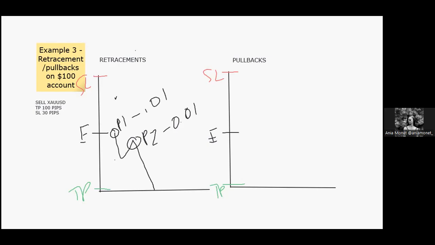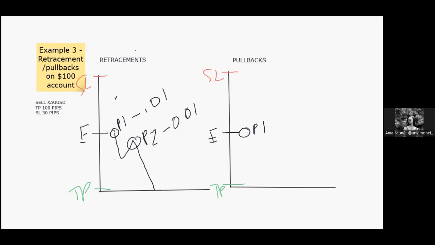If you're utilizing the low lot sizes, you're still within your risk, and you're still able to maximize your profits and make a good gain off this trade, okay?